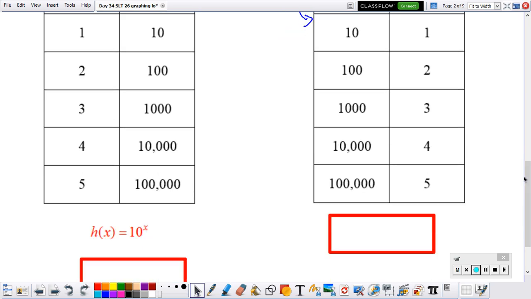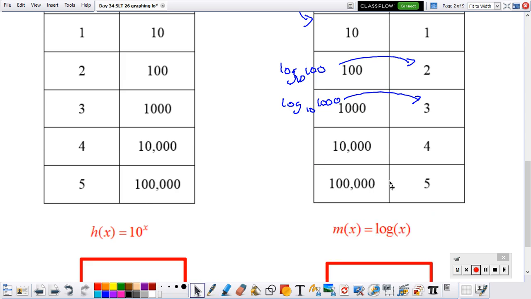Now, the second table for m of x, table 2, it's just straight logs. So for example, right here, if we have an input of 100, log base 10 of 100 is just 2. Log base 10 of 1,000 is 3. No transformation, just straight log base 10 of x.